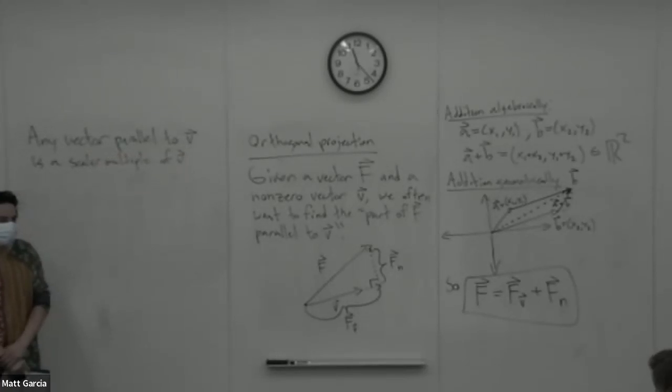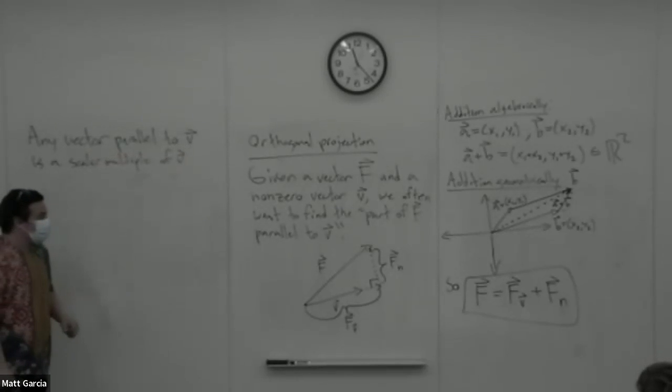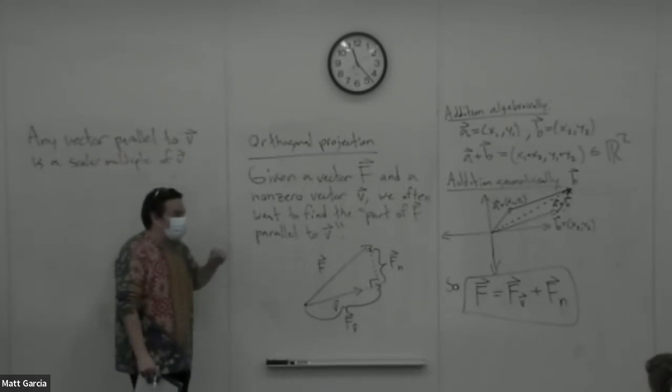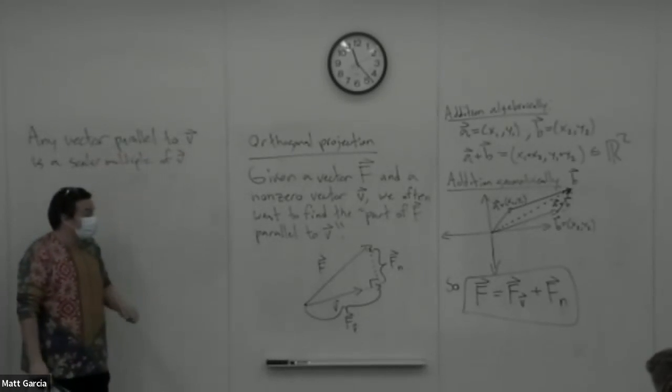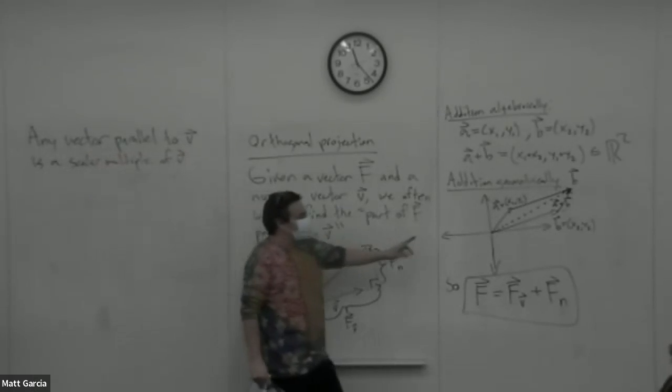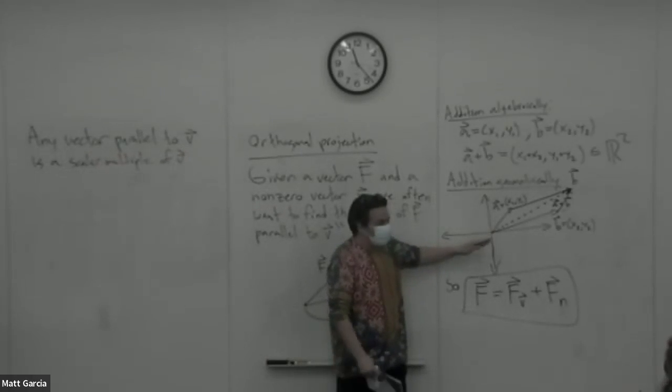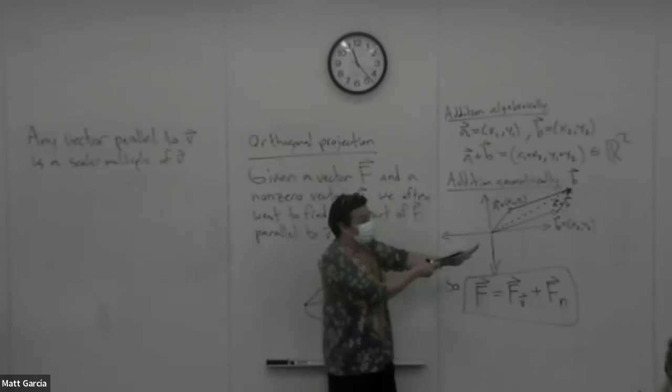Why is that? Yeah, exactly. If we have a parallel vector to B, then if we put them both in the standard representation, you put their tails at the origin, then they have to lie on the same line.